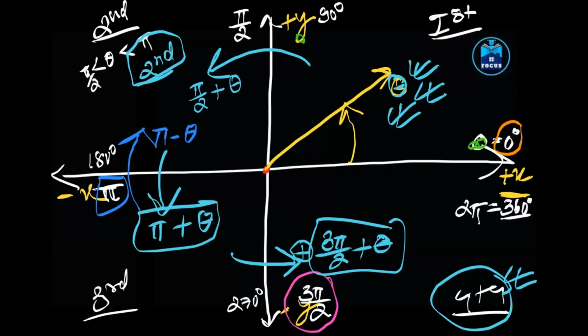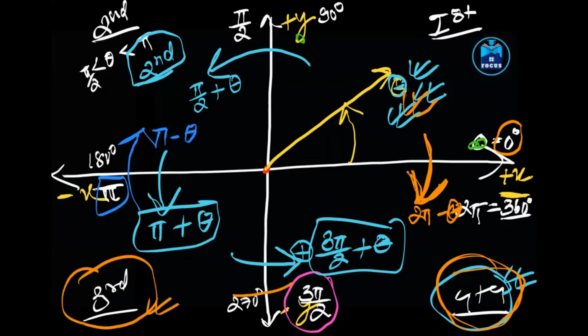Now tell me, if I want to bring my theta value into the fourth quadrant, but from this direction, then what I have to write? 2 pi minus theta. Very good. Very, very good. Just tell me the last one, which is if I want to come to the third quadrant from this.